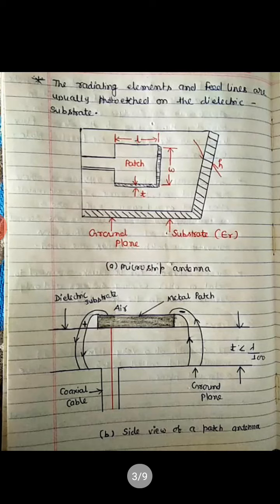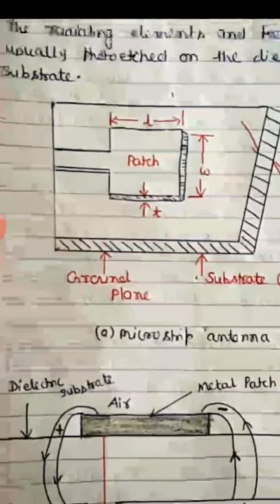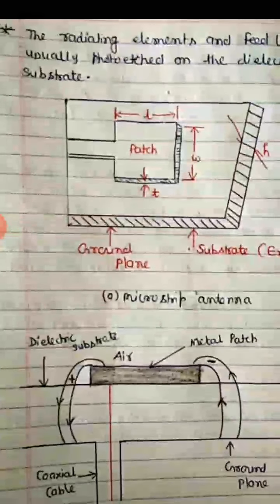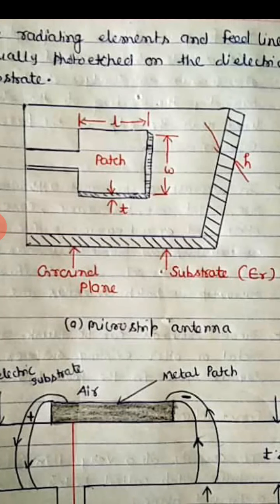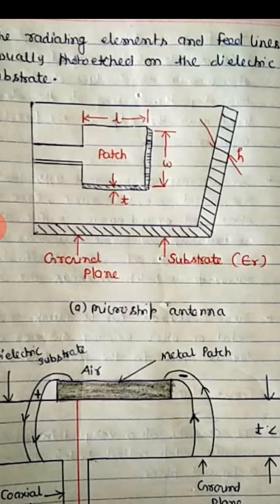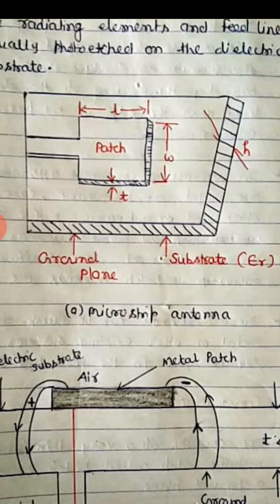The radiating elements and feed lines are usually photoetched on the dielectric substrate. You can see this diagram. This patch antenna can be created as a PCB design.